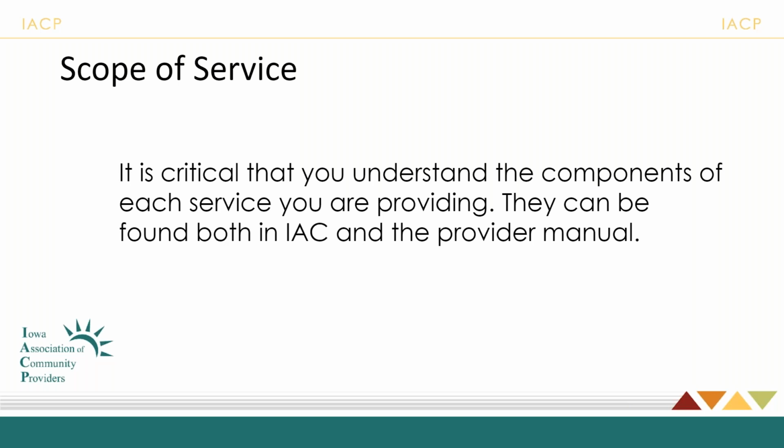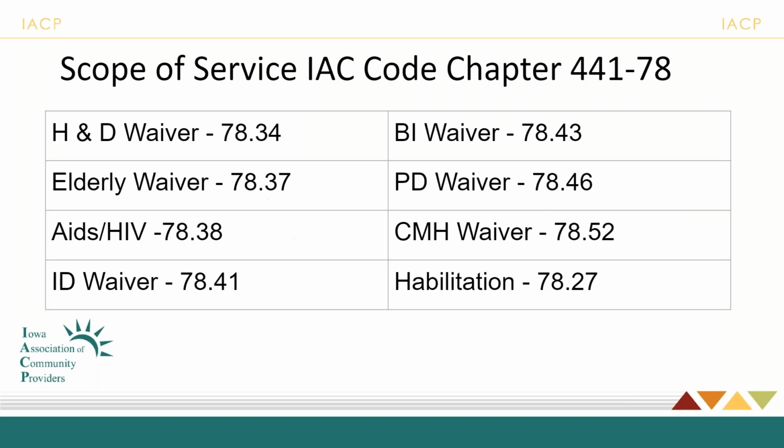For instance, in supported community living under ID, transportation to and from day activities, work, those kind of things are all included as part of that service. Under home-based habilitation, transportation to and from a day program is specifically excluded from that service. So it's important for your staff to know what each of those services allow and what they don't allow.